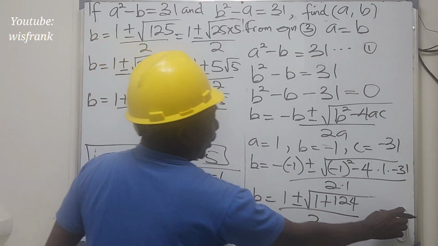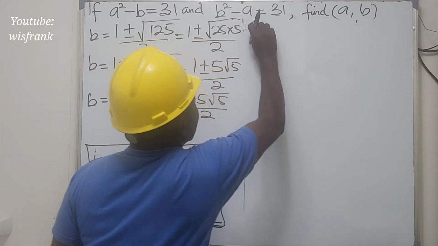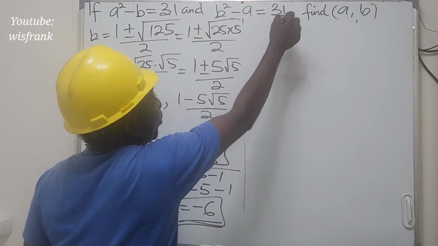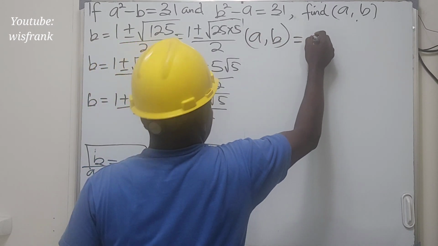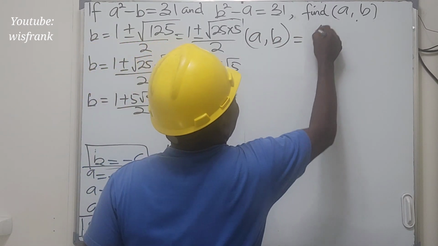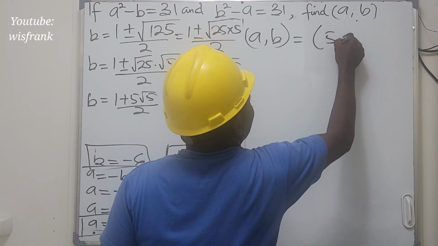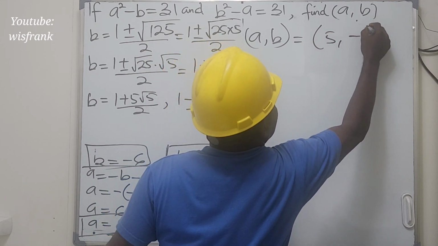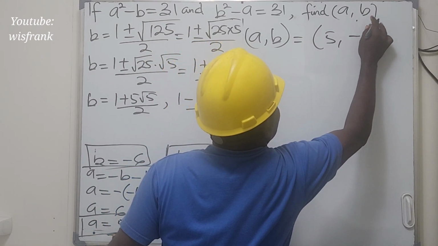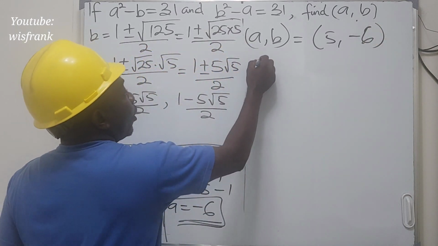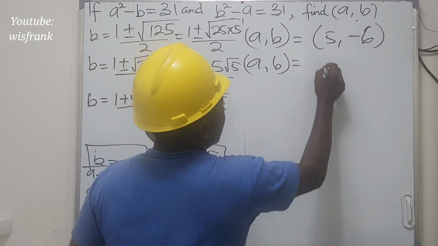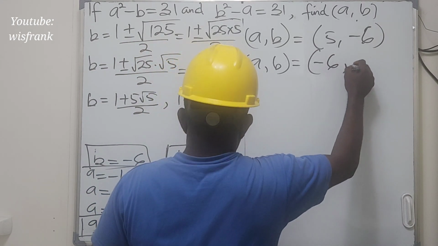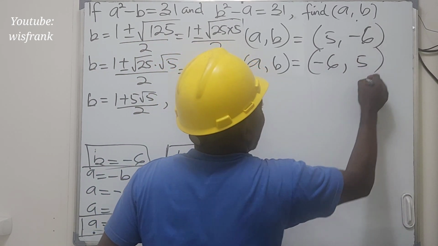Let's clean this. We are asked to find a, b equals, the first value is, we have our value of a as 5 and the second one is minus 6. That is the value of b. We also have the second value of ab as minus 6. Then we have a value of b as 5.